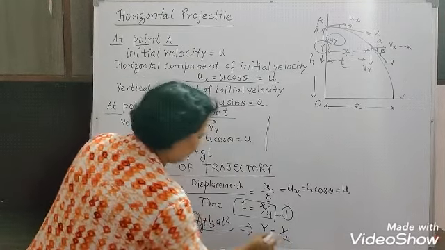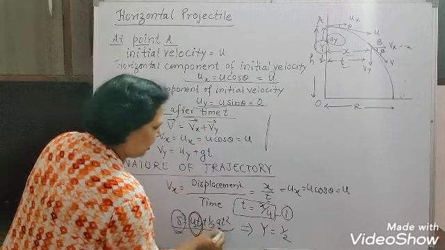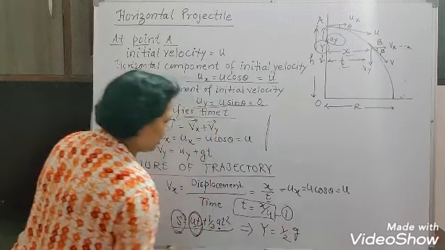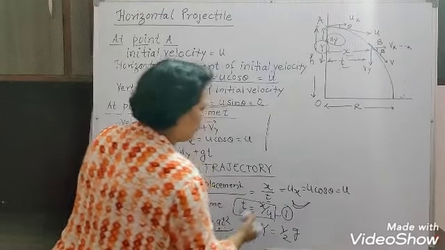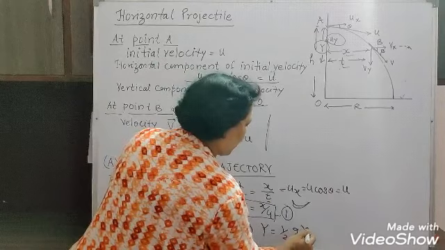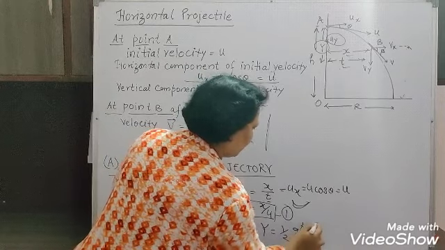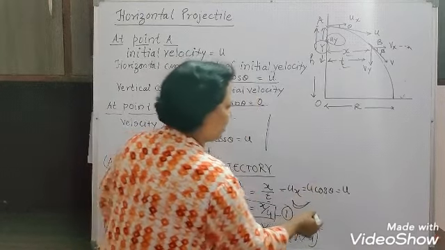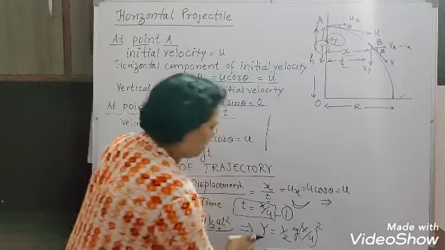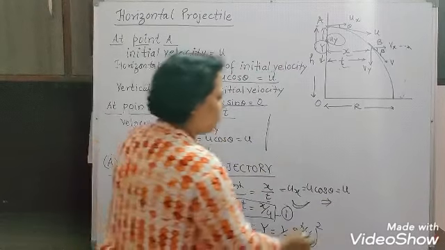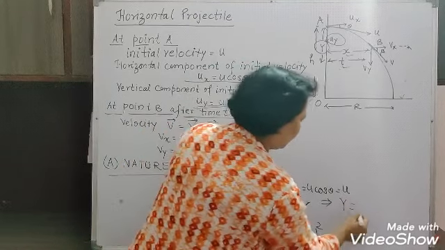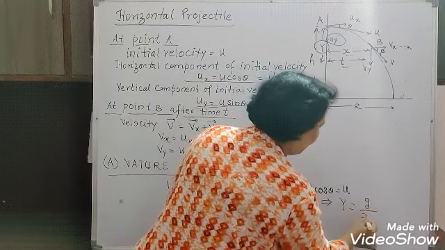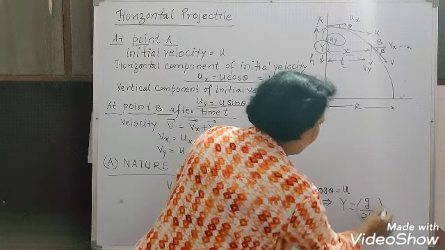It is half, a is equal to g here, and the value of t we will write from equation 1, which is x upon u, the whole square. Now the formula will become y is equal to g upon 2u square, times x square.